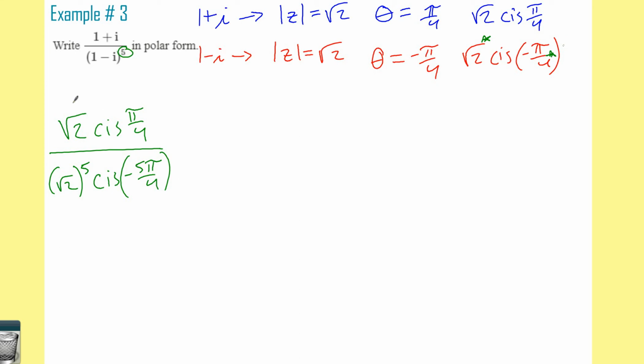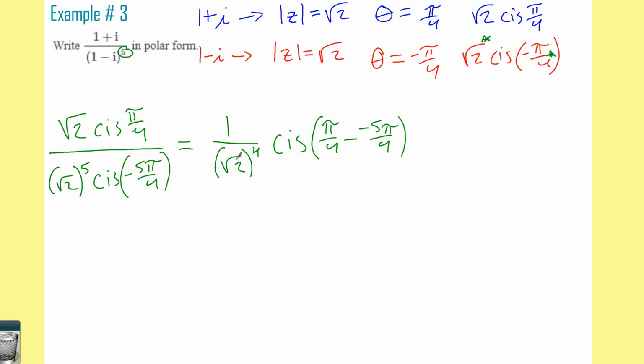And then since we're dividing, we can just straight up divide the radius, or the modulus, whatever you want to call it. So that just eliminates one of the square root of 2's. So we end up with the square root of 2 to the 4th power. And then cis, since we're dividing, we do pi over 4 minus negative 5 pi over 4.